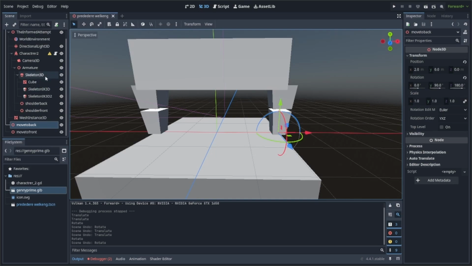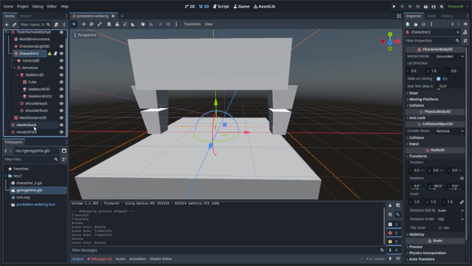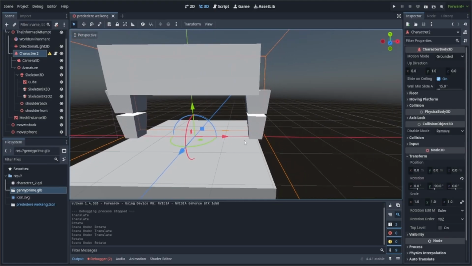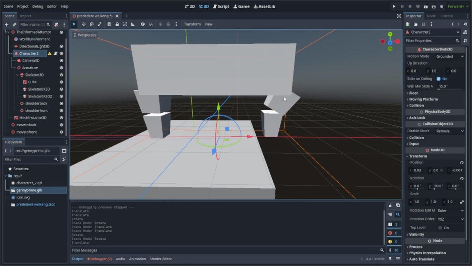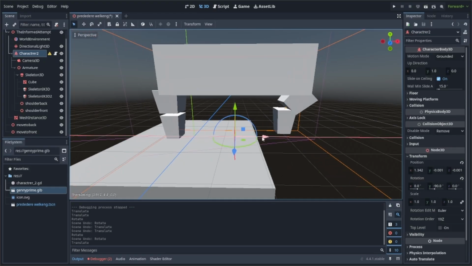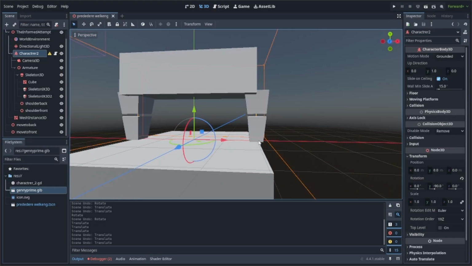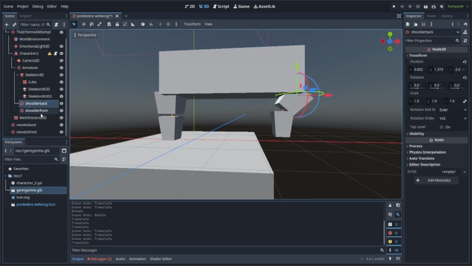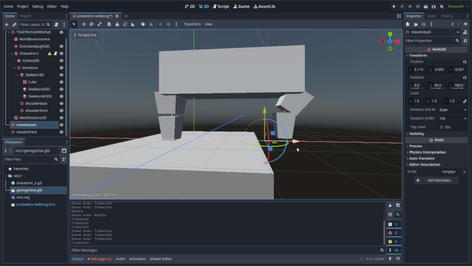If I move this, the shoulder is now this far away on X from the assigned node. If it gets far enough away, I simply move the assigned node over to where the shoulder node is.